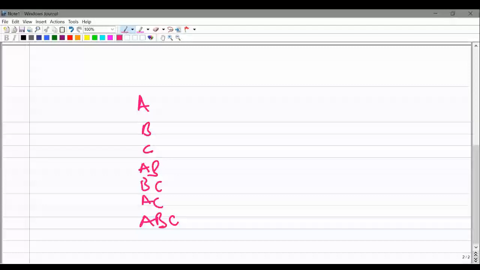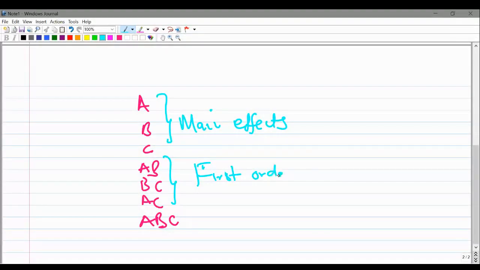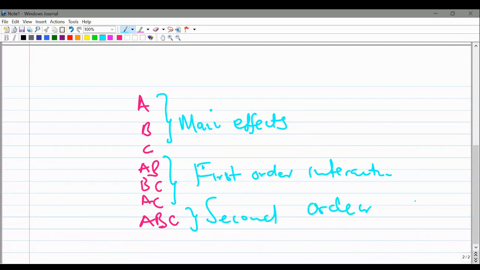So now looking at this, let me repeat my statement. I said these three will be main effects. These three will be first order interactions. This one we call it what? Second order.